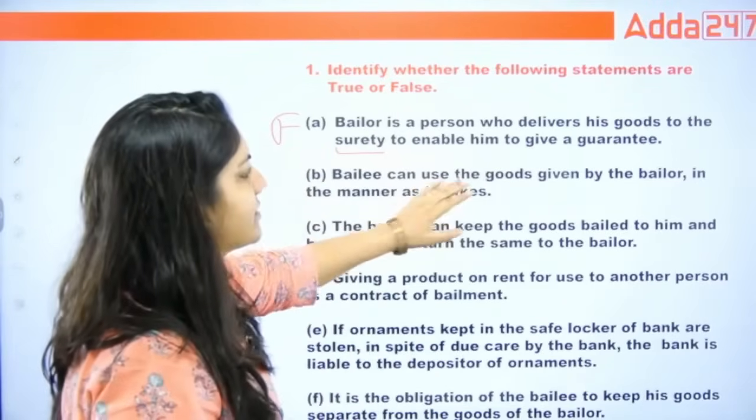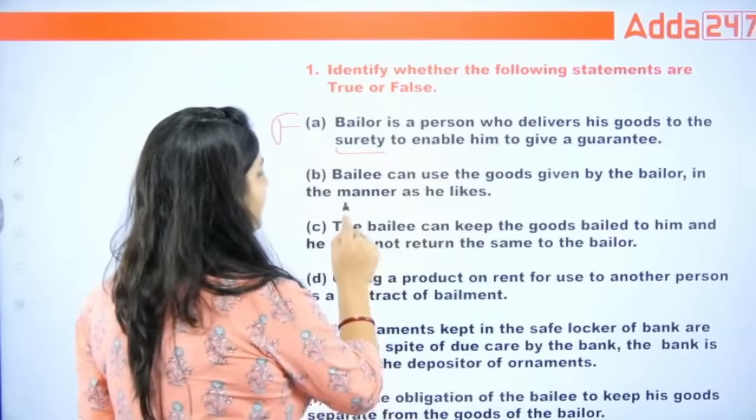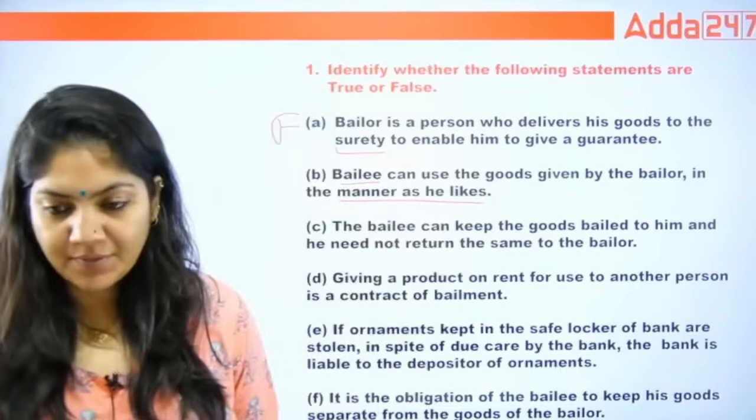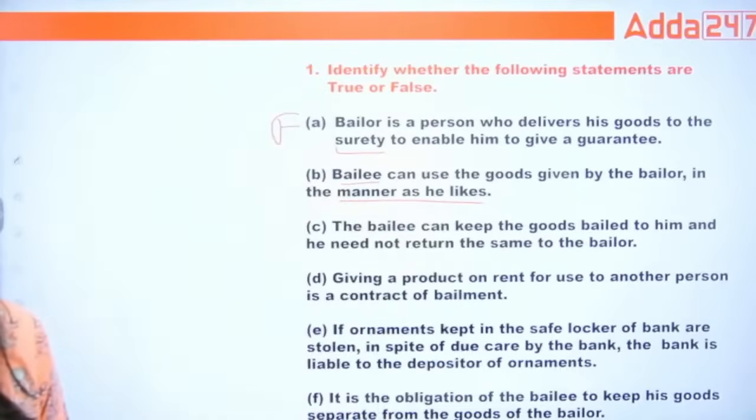Bailee can use the goods given by bailor in the manner as he likes. It means bailee can use the goods in any manner he likes. This is a true statement? Tell me.